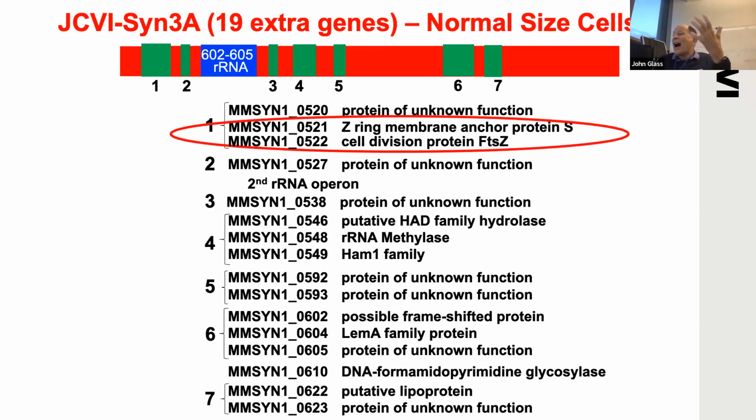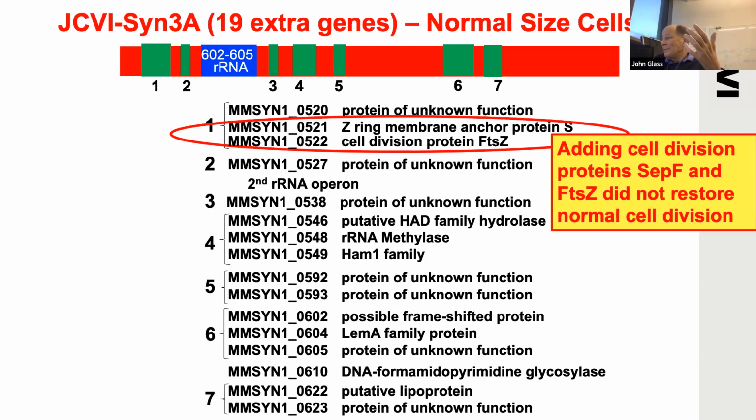And at first we went, aha, here are two known cell division proteins that are involved in making a lipid protein septum between growing cells as the two daughter cells divide. And we said, I bet if we add those back in to JCVI Syn3.0, which divides so aberrantly, it will look normal. It didn't. We added those back, and it didn't restore the cells to normal size.